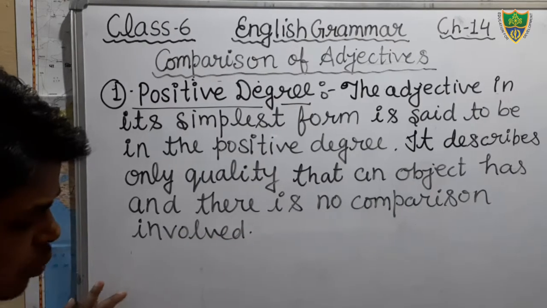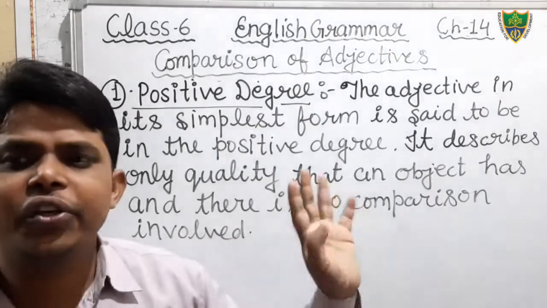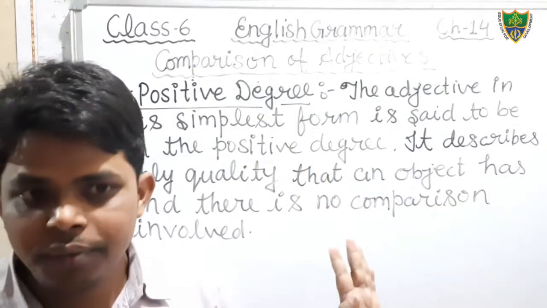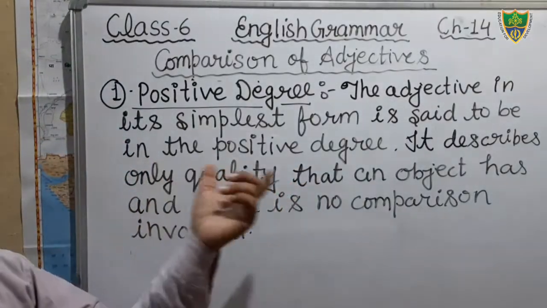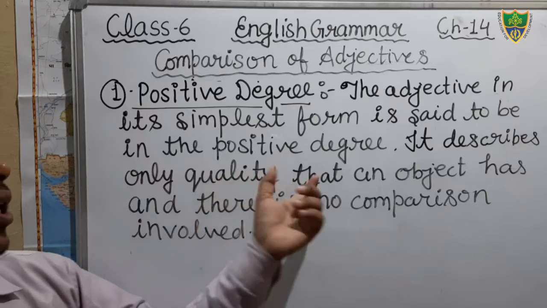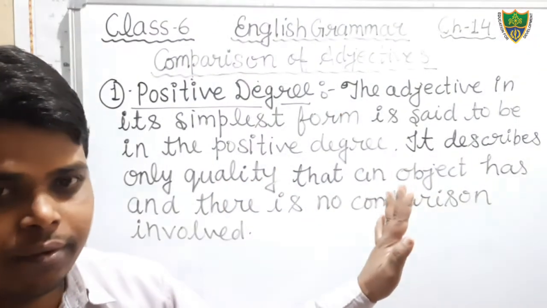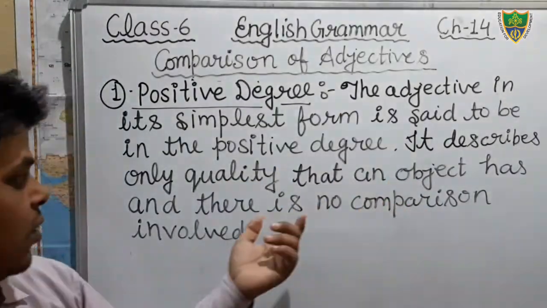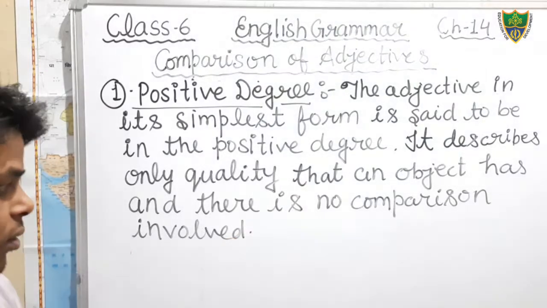Okay students, that is very simple: in positive degree there is no comparison involved, and that is the simplest form. It describes the quality that an object has, and there is no comparison involved.